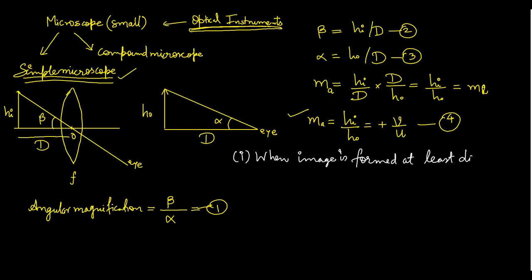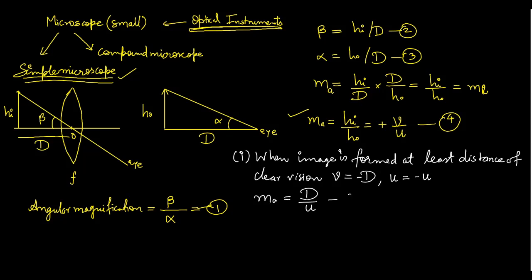In that situation, v will be equal to minus D, the least distance of clear vision, and u will be equal to minus u. So ultimately, the angular magnification we are getting is D by u. Is this clear?